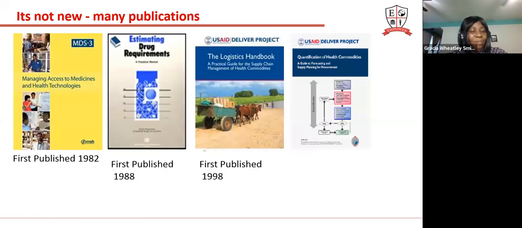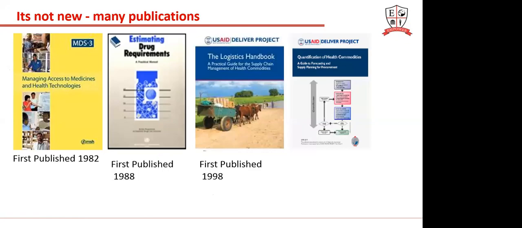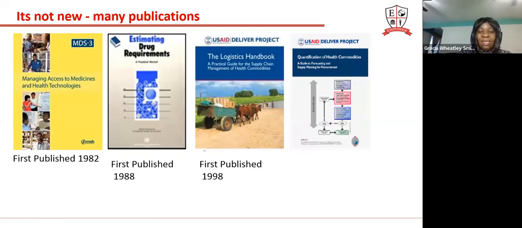I know our time is reduced because of my technical difficulties, but we have Management Sciences for Health's Managing Access to Medicines and Technologies, and Estimating Drug Requirements, first published in 1988. So quantification is not new. But from then, in 1992, up until now, we have many, many publications on quantification.